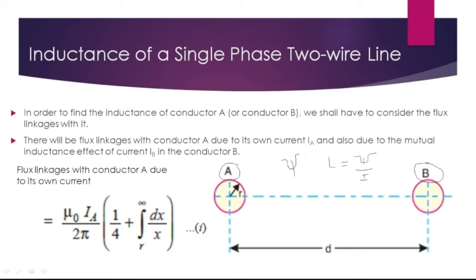Substituting the current value will give us the total inductance. At first, you need to calculate the psi value.